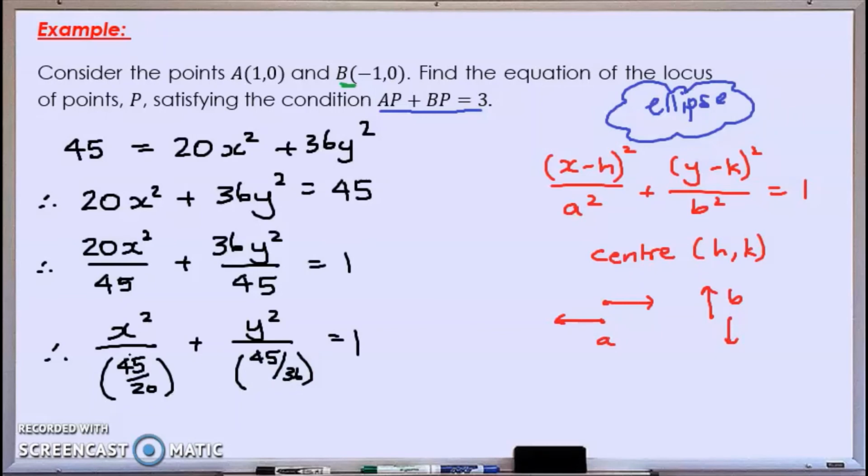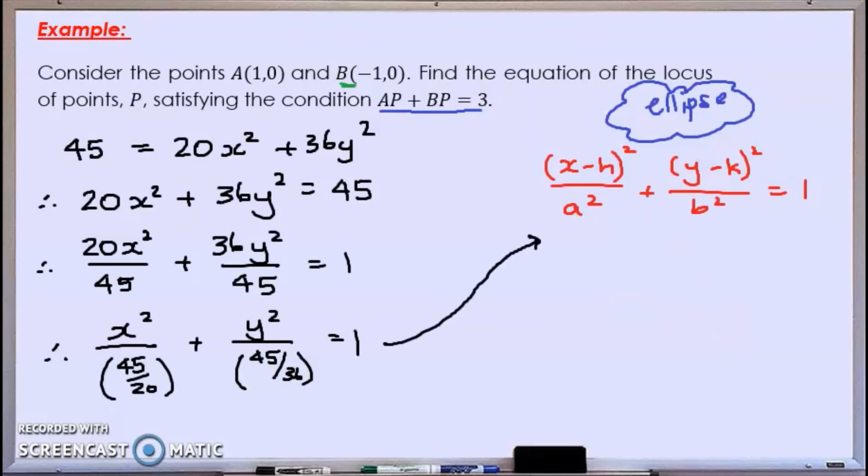And the last thing I have left to do is to make sure that I simplify these down as much as possible. So I'll have x squared over 9 over 4 plus y squared over. Let's look for common factors here.